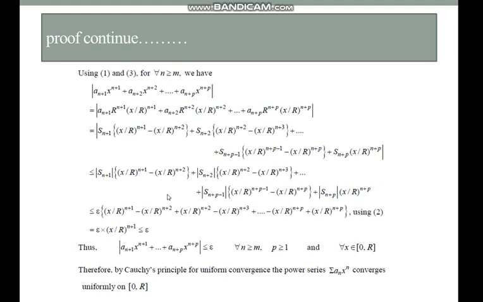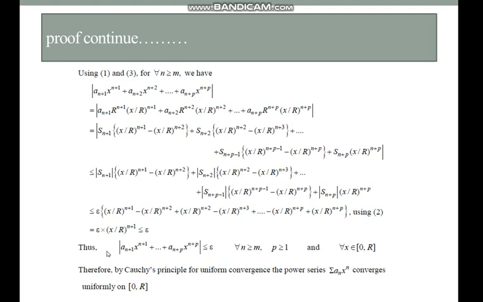Now the value of S_n is less than epsilon for all n, so we can put epsilon in place of s_{n1}, s_{n2}, and so on. So it becomes this equation, and again this is equal to epsilon times (x/R)^{n+1}, because we can cancel out (x/R)^{n+2} with (x/R)^{n+2}, and similarly here.